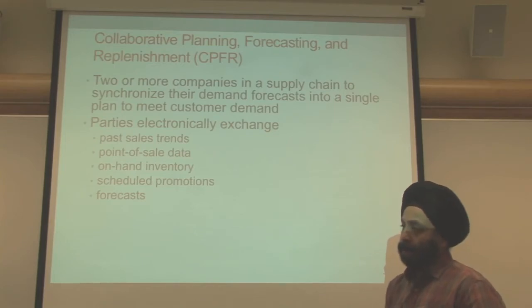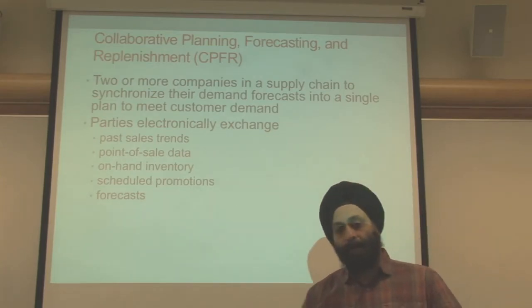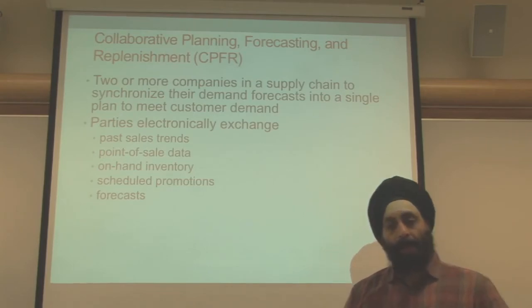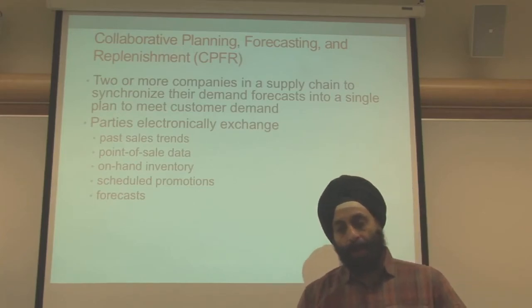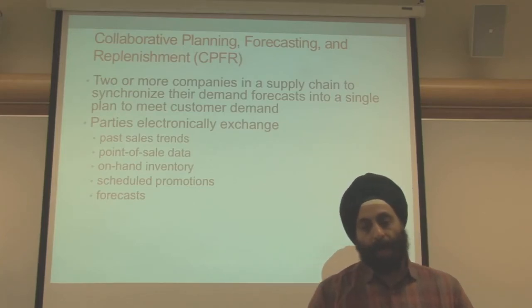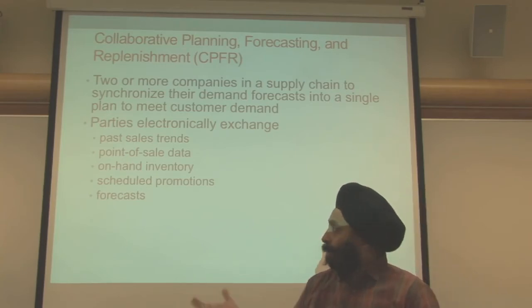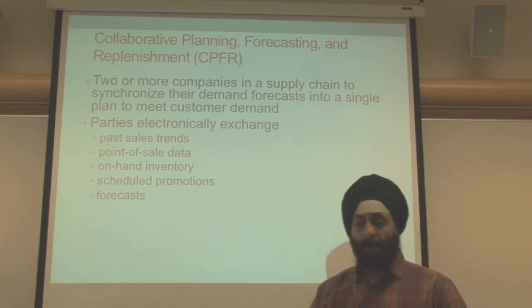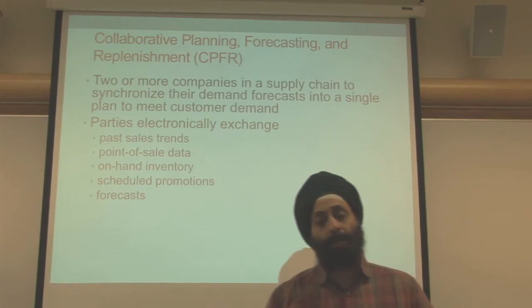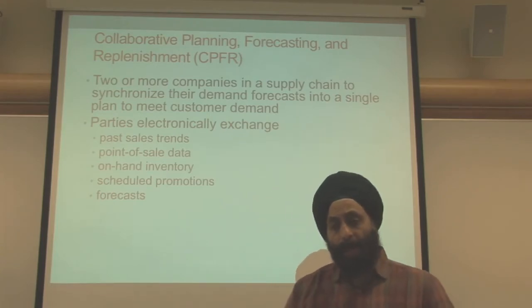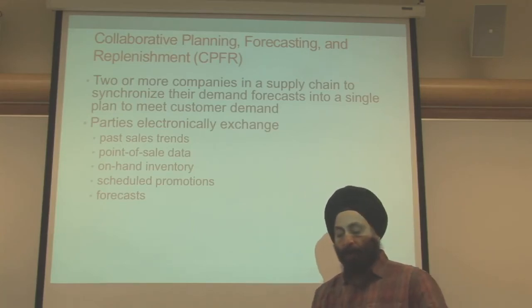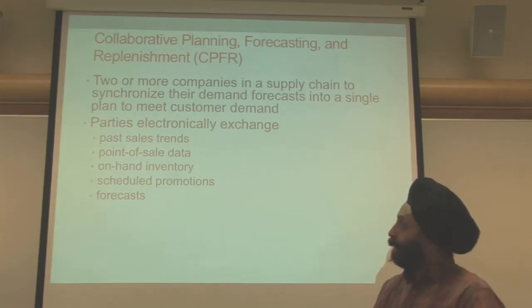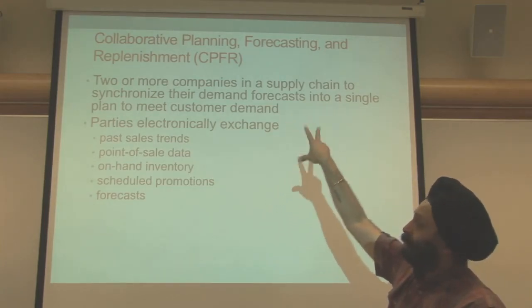For example, when Walmart runs out of diapers, that information is directly transmitted from the point of sale when they sell the batch of diapers, which triggers the replenishment level. Procter & Gamble will directly know that before even Walmart would realize it, and will issue the necessary steps to replenish that inventory by the supplier. So that's where collaborative planning, forecasting, and replenishment comes in.